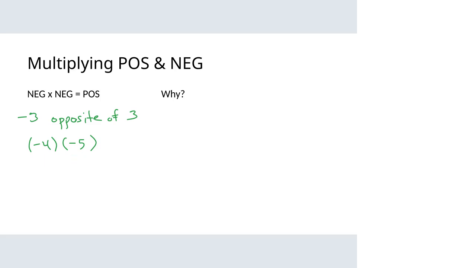Putting those negatives out front, I have the opposite of the opposite, times 4 times 5. If I take the opposite of the opposite, those two cancel each other out and become positive. So negative 4 times negative 5 becomes 4 times 5, which is positive 20.